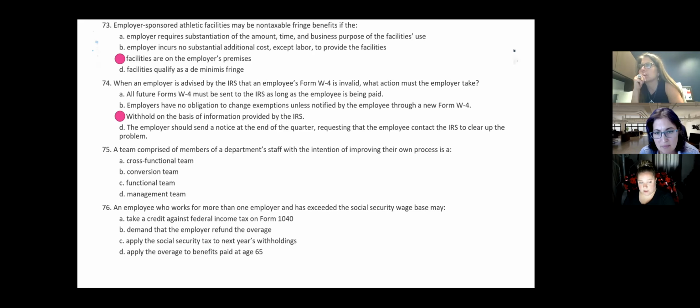A team comprised of members of a department staff with the intention of improving their own process is a functional team.